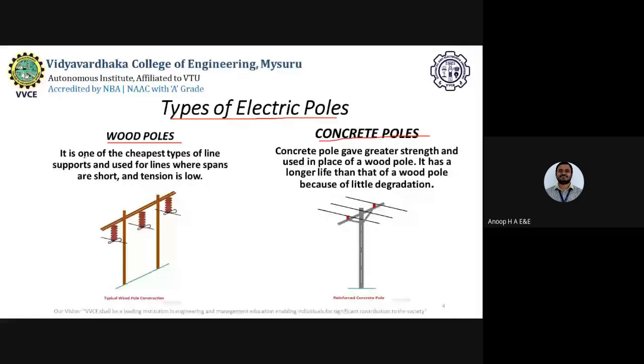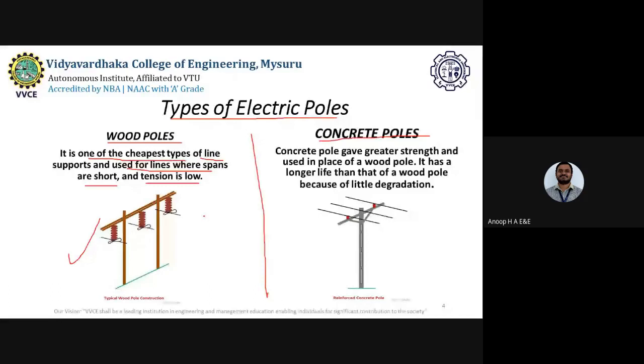We go for wooden poles because it is the cheapest type of line support, and it is used where the span length is short and the tension in the conductor is low. In the olden days, wooden poles were one typical structure you would have seen in electric poles.